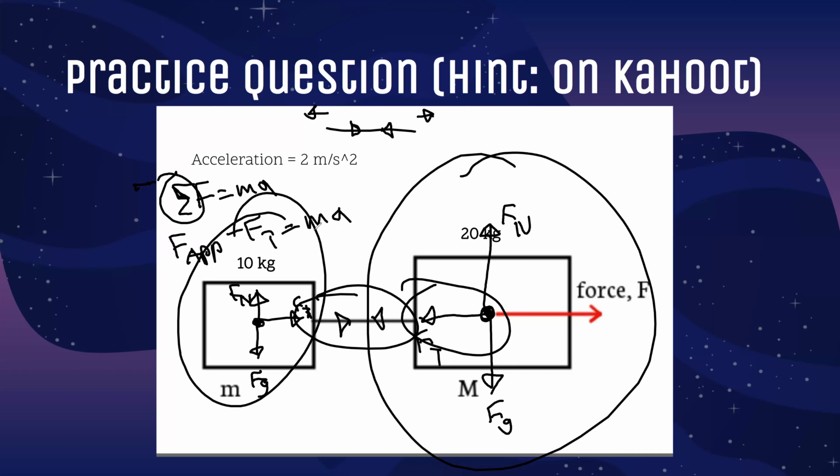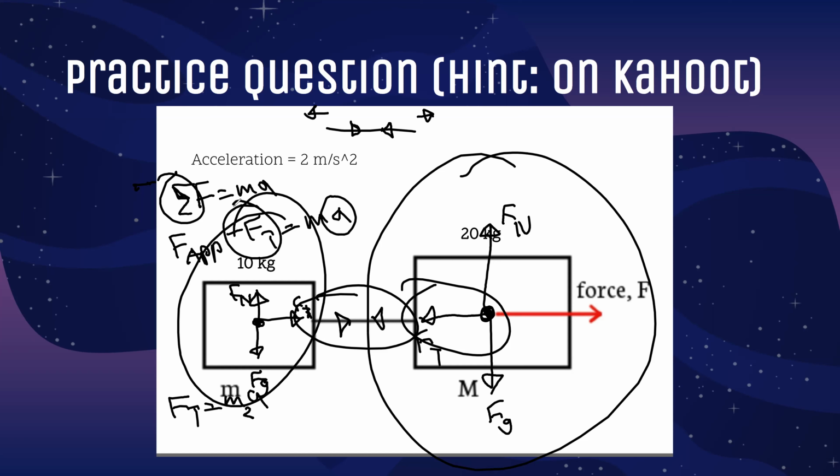So you would take the F applied and minus the FT to give you the mass times acceleration. But the thing is that you don't know the acceleration and you don't know the tension, right? So what you would do is you would write another equation for the smaller block. And you would do the same thing, FT equals MA. But this M is the smaller one, it's M sub 2.